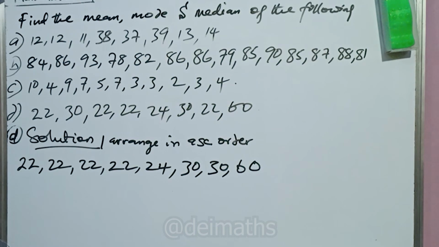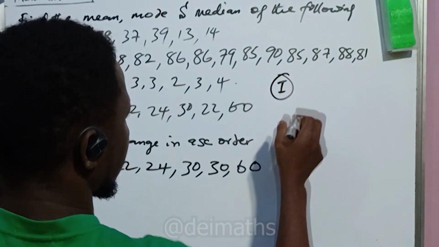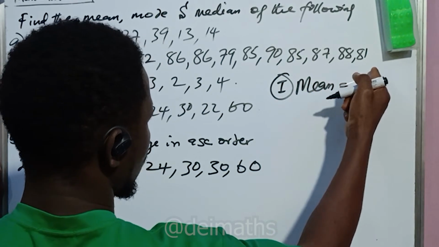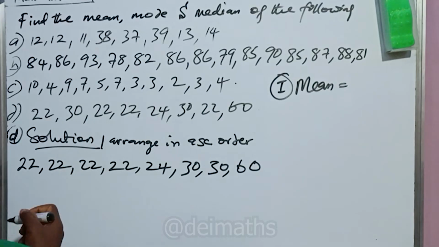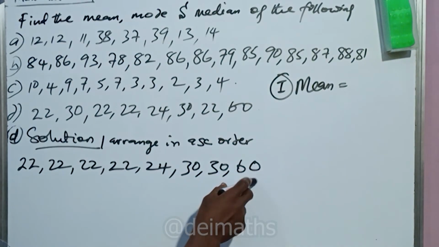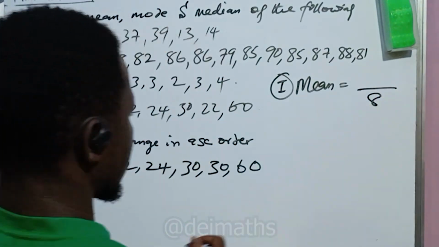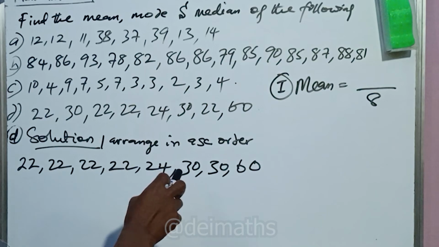Now we find our mean, which is the sum all over the number of quantity. The number of quantity is 1, 2, 3, 4, 5, 6, 7, 8. That is 8. And we sum this up.